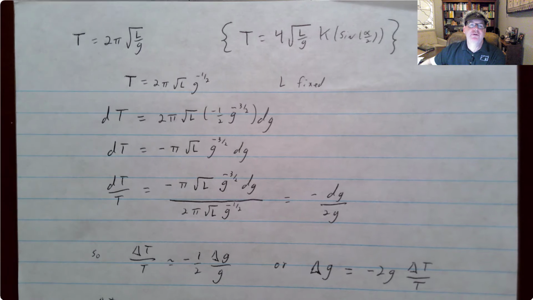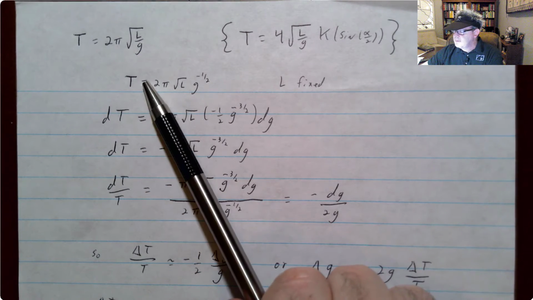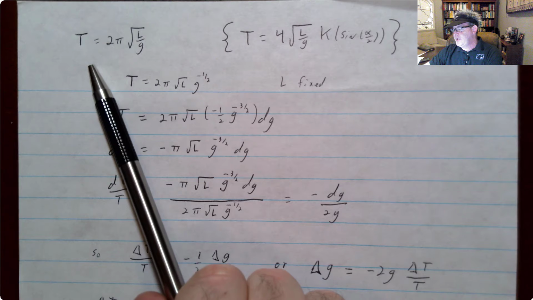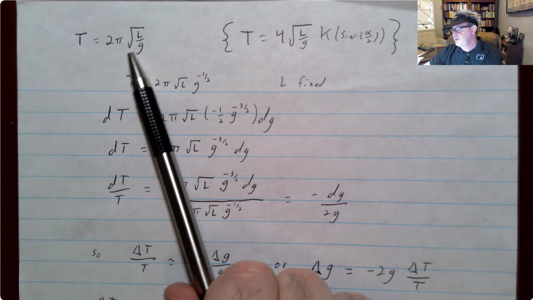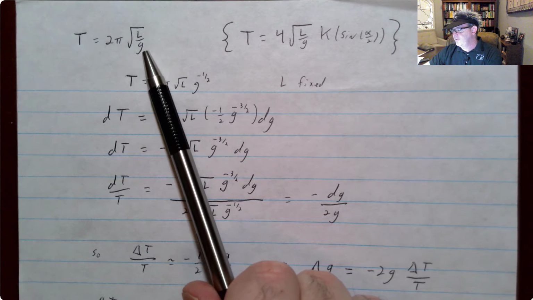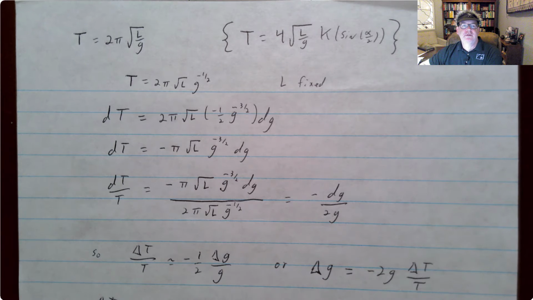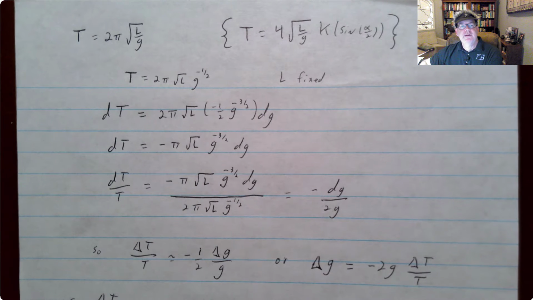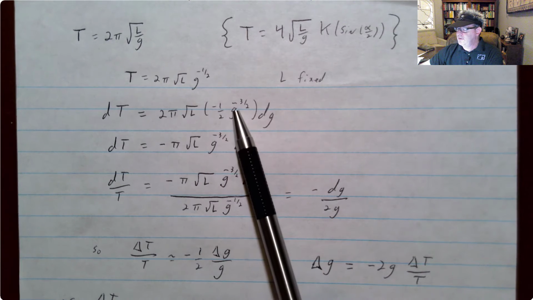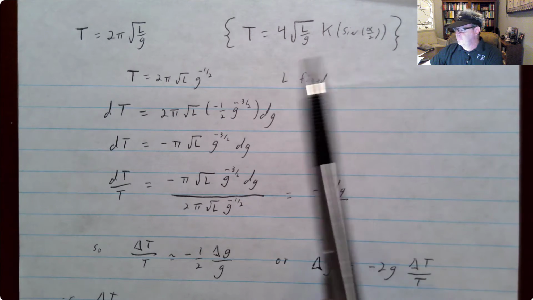The standard formula for the period of a pendulum is 2 pi square root of L, where L is the length of the pendulum, divided by g, where g is the gravity. That's technically an approximation; this is more of an exact formula.